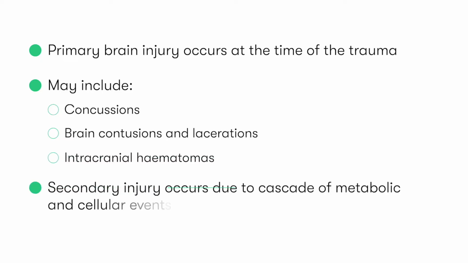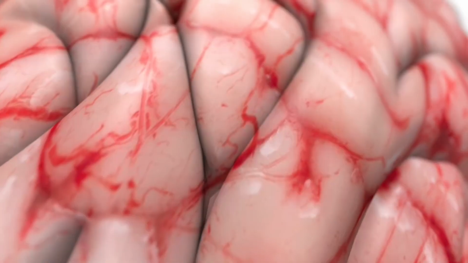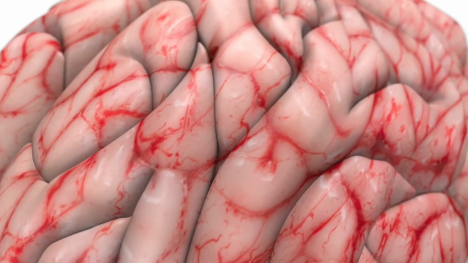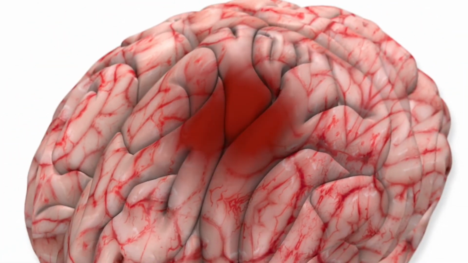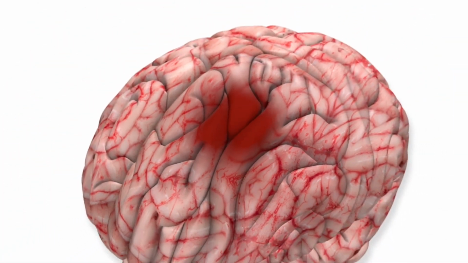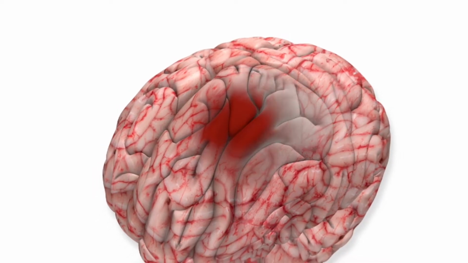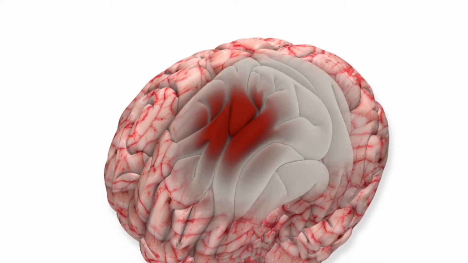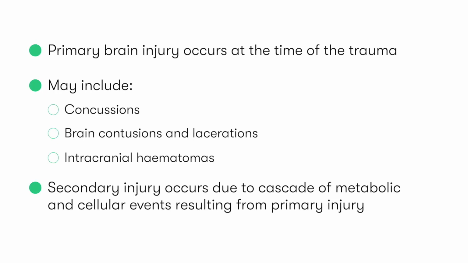Whereas secondary brain injury occurs as a result of a cascade of metabolic and cellular events which have been triggered by the primary brain injury event. And interestingly, it's the secondary brain injury that forms the focus of our management when we deal with patients who have traumatic brain injury. And we'll be coming back to this in more detail later on in the tutorial series.